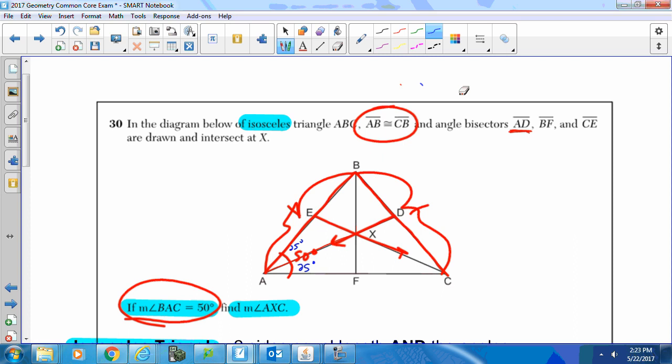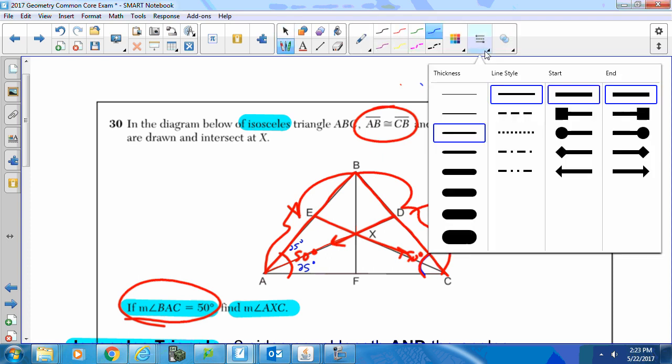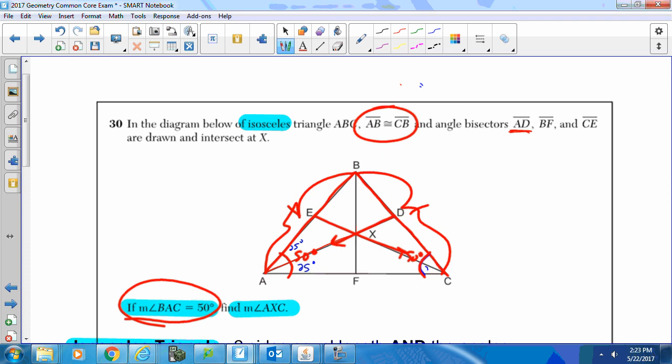So that means that this entire angle is 50. And that means that each one of those is 25. All right, so 25 and 25. Now I'm just going through and finding all the information that I could find.